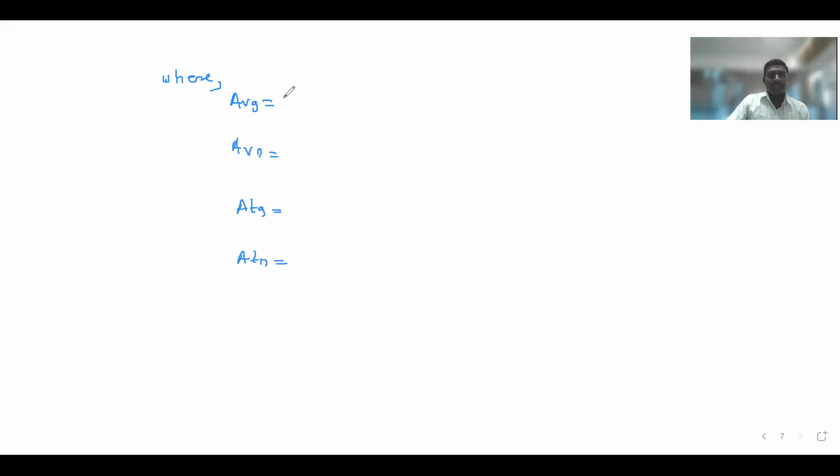So here AVG is the minimum gross area in shear along the bolt line.